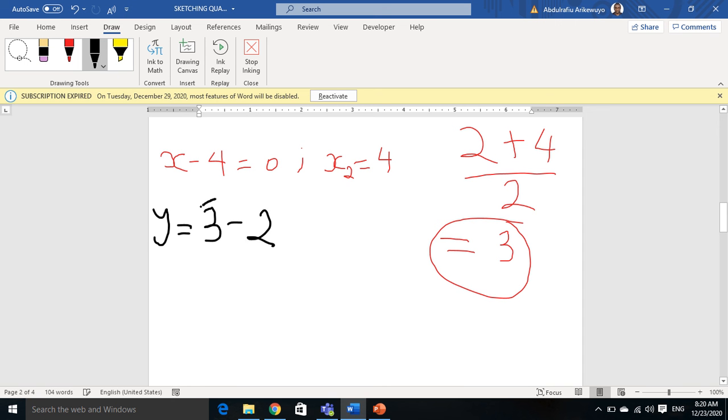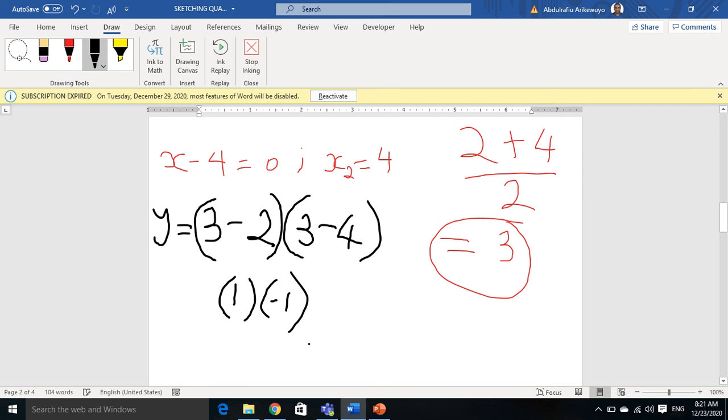Then in the second bracket, I have x minus 4. So I will change x to 3. Then I have 3 minus 4. Good. Now 3 minus 2 is 1. 3 minus 4 is minus 1. So 1 multiplied by minus 1 is equal to minus 1.